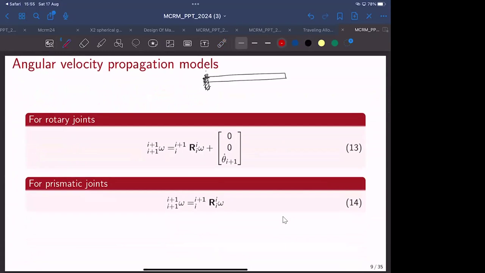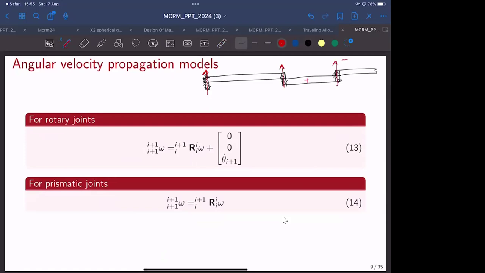The joint axis is like this, going up. And this is successively connected to another link with another joint like this. You have another joint like this. And you can also consider a third link like this with a joint like this, whose axis is like this.